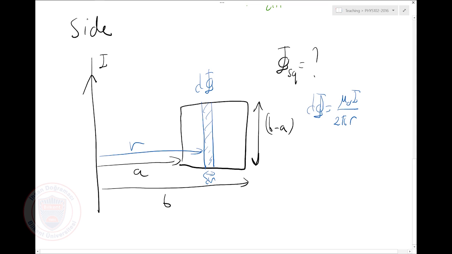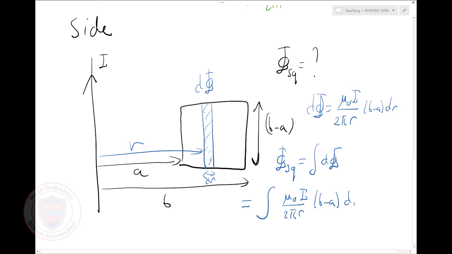And the area of this cross-hatched rectangle is b minus a times dr. So what's the flux through the square? It's going to be integral d phi. If I write it more clearly, mu 0 I over 2 pi r times b minus a dr.